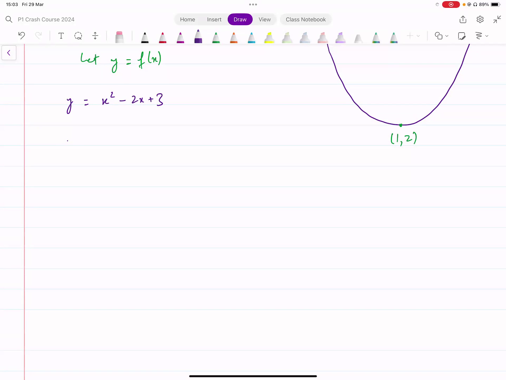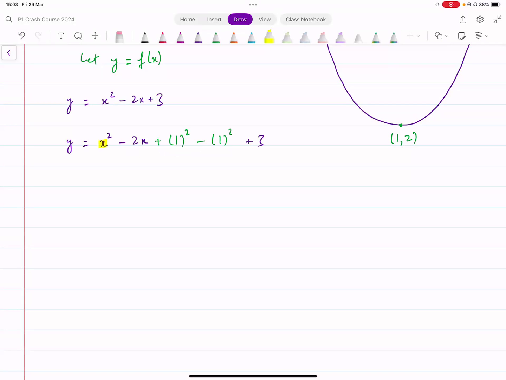So we say y equals x squared minus 2x. Leave some space. You have 3 at the end. Now, in the middle here, divide 2 by 2. That gives you 1. Square that. Add that number here. So you have plus 1 squared and also minus 1 squared.